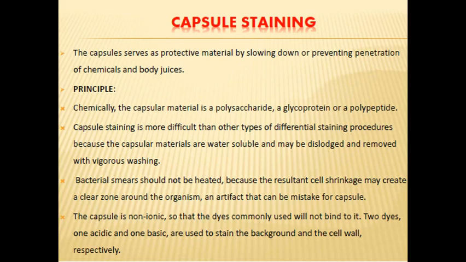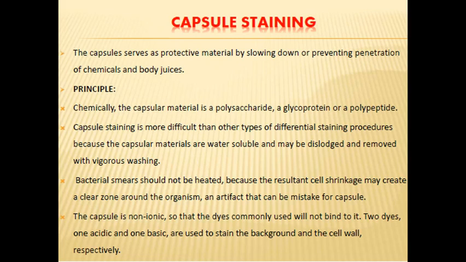Chemically, the capsule material is polysaccharide, glycoprotein or polypeptide. Capsule staining is more difficult than other differential staining processes because the capsular material is water soluble and may be dislodged or removed with vigorous washing.